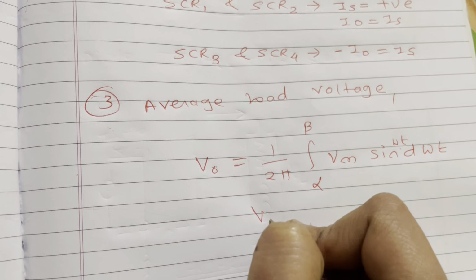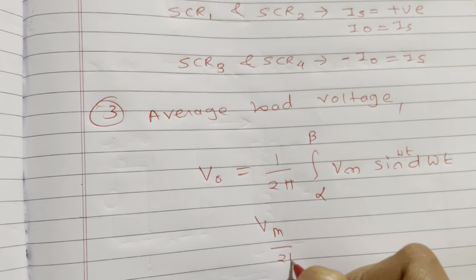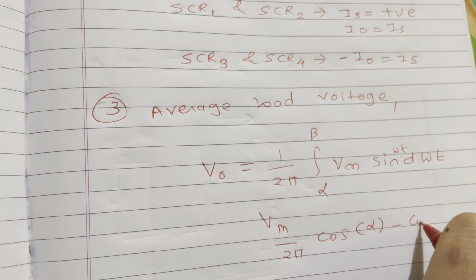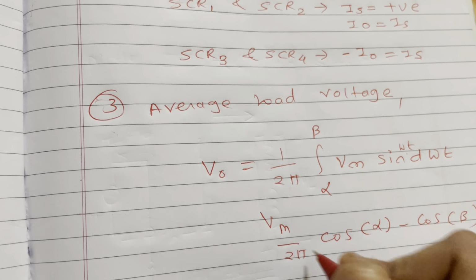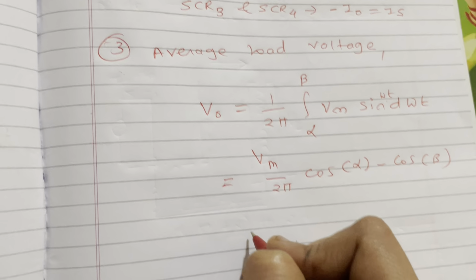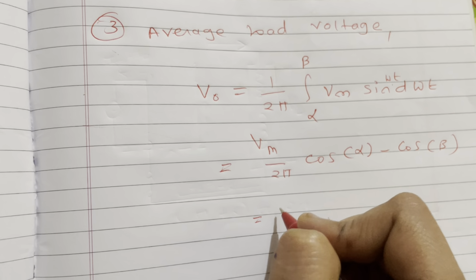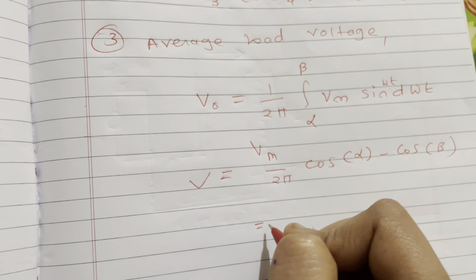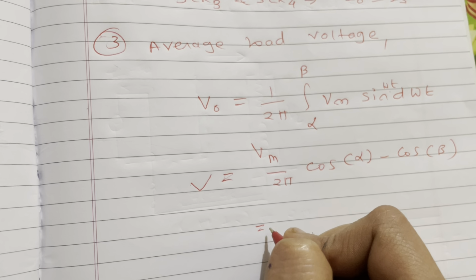So we can write Vm upon 2 pi into cos alpha minus cos beta. You have to solve this derivation completely; I write it here shortly.